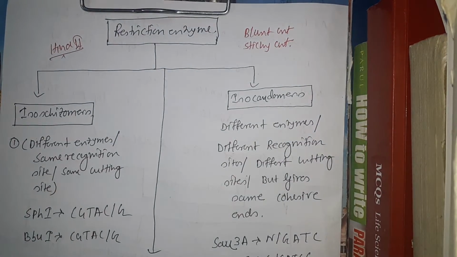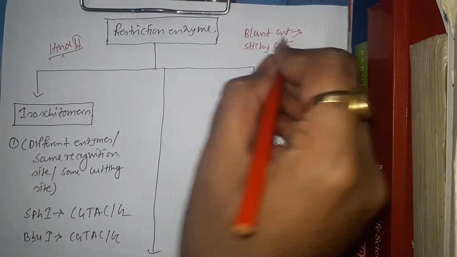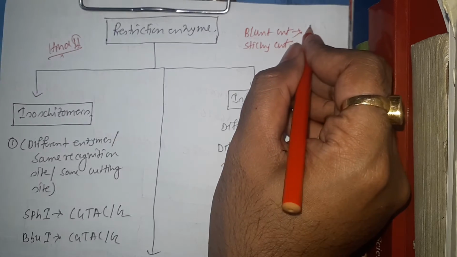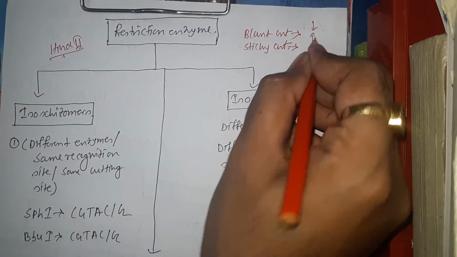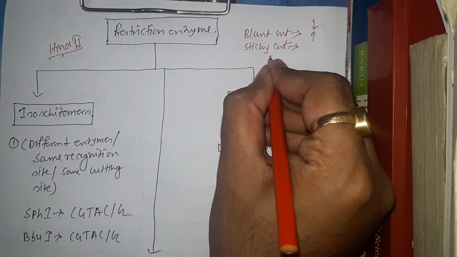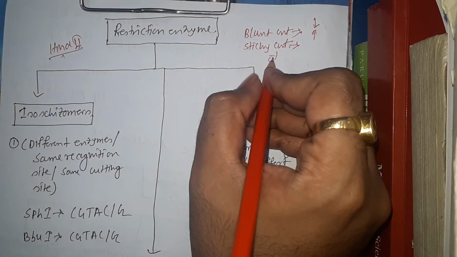Blunt cut is what? Blunt cut is simply the situation in which the cleavage site is exactly on the axis of symmetry. That means blunt cut divides the restriction site into two equal parts, and sticky cut divides the restriction site into unequal parts.